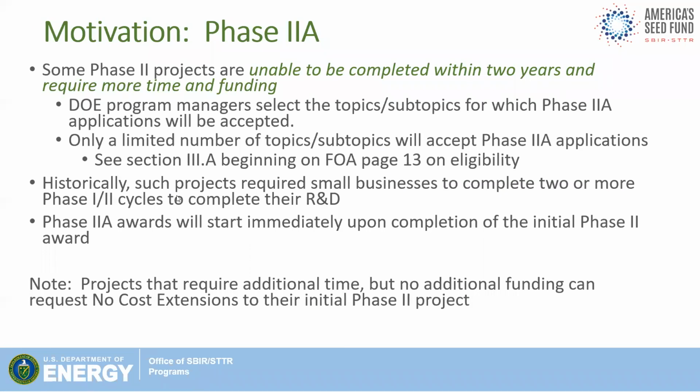And that is, for the phase 2A, it's very important that you have communication with your program manager, so that manager will know that you are still in need of additional funding to complete your phase 2 effort. So it's very important that you maintain some communication with your program manager. Yep, that's right. They should be aware of what the additional R&D needs are.